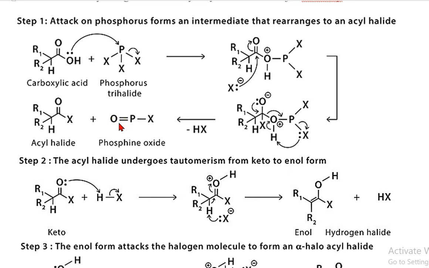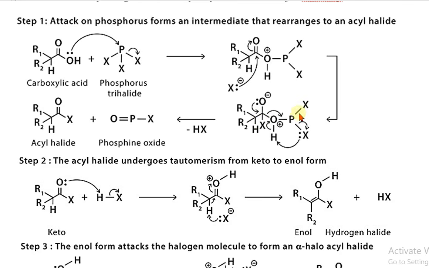So firstly, looking at the phosphorus tribromide or phosphorus trichloride here, the lone pair of electrons on the oxygen of the carboxylic acid attacks the phosphorus atom to give this intermediate product, and then the leaving group, X minus, adds across the carbonyl to give this intermediate product.